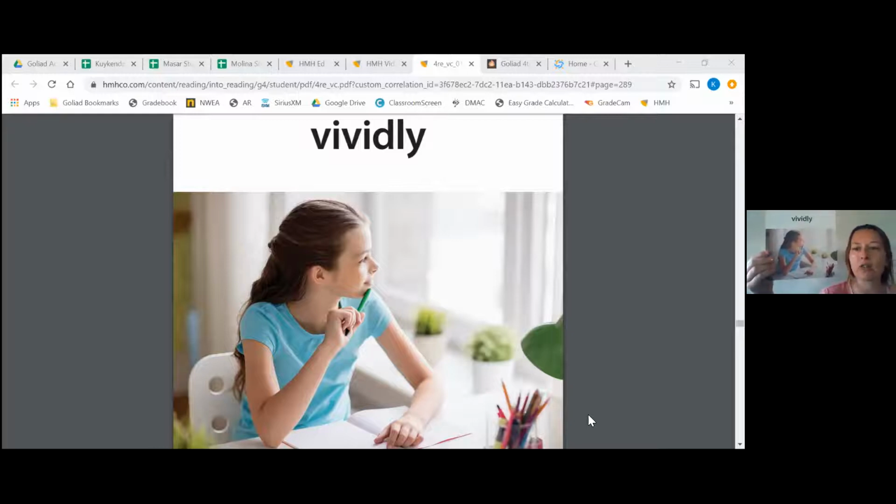So she can remember that family trip very clearly, like it just happened yesterday, right? She remembers those details, like she's not missing a single moment in her mind. If you remember something vividly, you have a clear, detailed memory of it. What is our word? Vividly. Thank you.